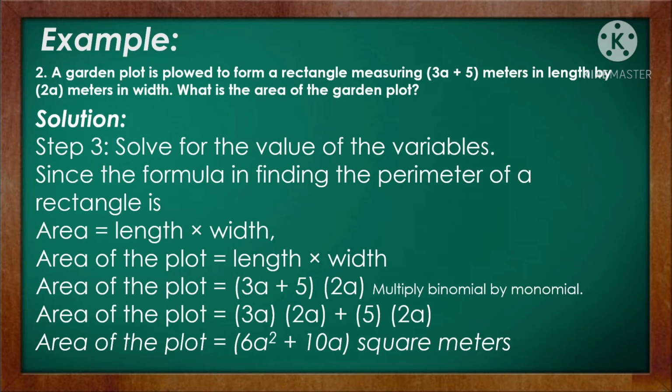Multiplying binomial by a monomial, area of the plot is equal to 3a times 2a plus 5 times 2a. And we will get the answer 6a squared plus 10a square meters.